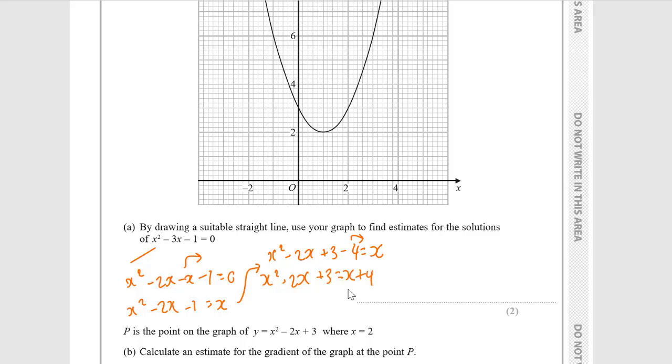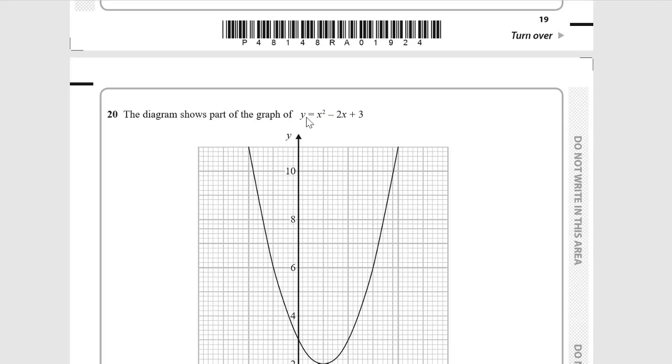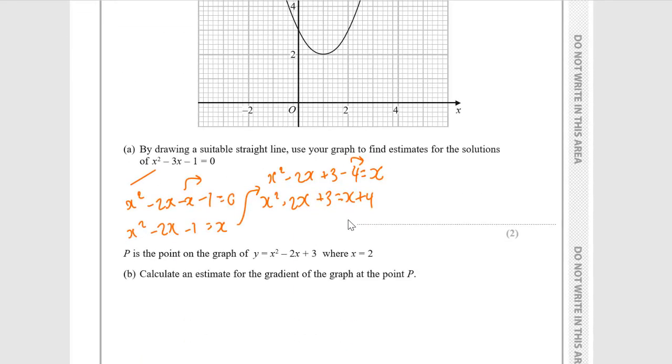And then we can say that if we have this equal to y, so y equals the following, which we've written out here, that means that y equals x plus 4.